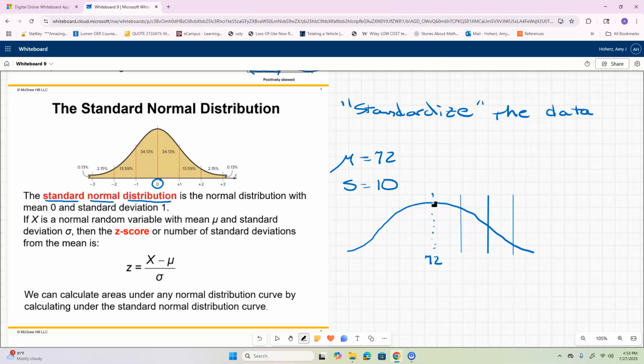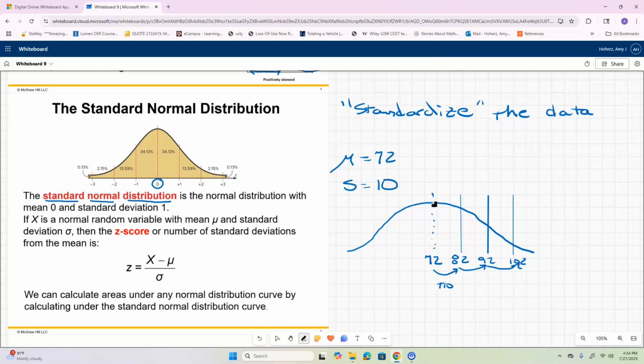So if the standard deviation is 10, that would mean this would be 82. We're going to add 10. And then if we do that again, we would get 92. And then if we add that again, we would get 102.